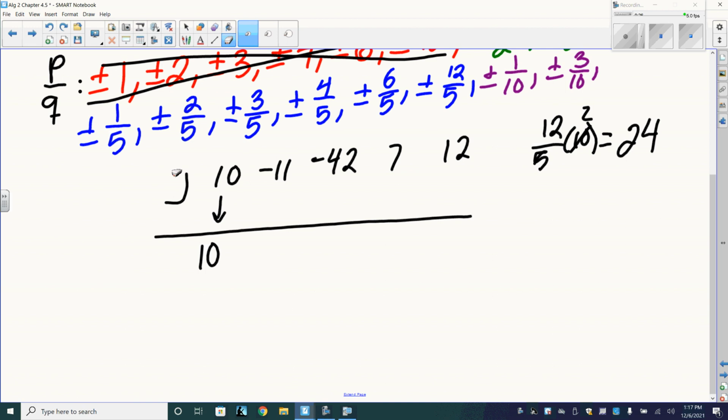Well, no. So most likely, between 2 and 3 is not going to be a rational number. It's going to be irrational, because the zeros that we listed here are only the possible rational numbers. They're not going to be all of them. So most likely that answer has a square root of some kind that doesn't reduce.